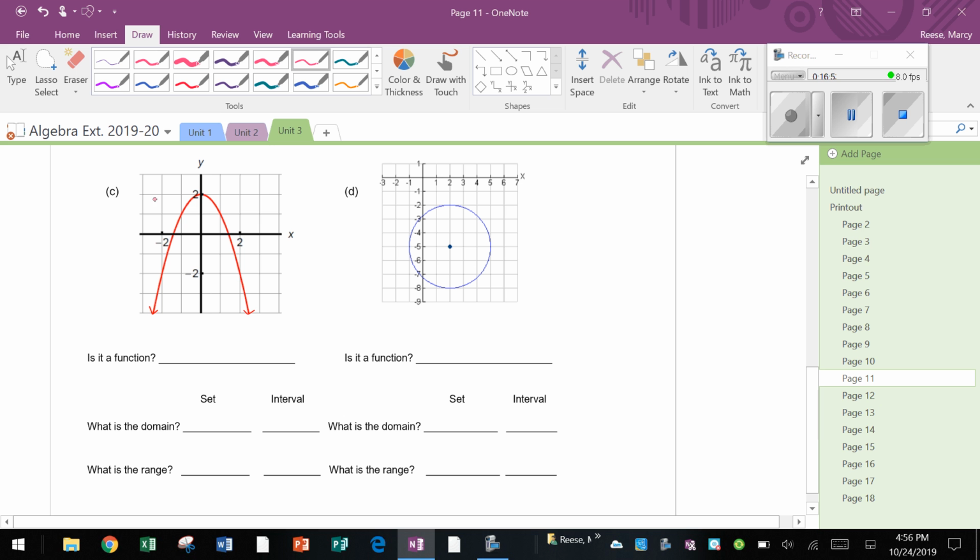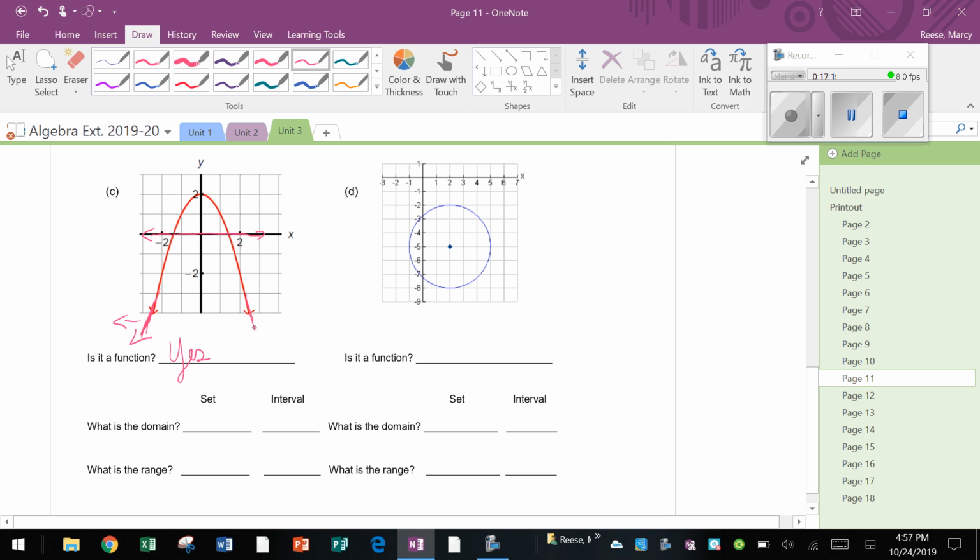All right, so C, is it a function? Yes, it is. It does pass that vertical line test. Domain, going left forever. Does it go left forever? Does it go right? Is there any stopper on it? It doesn't look to me like there's a stopper, because as it goes down, I know it's going down, but it continues to go to the left.